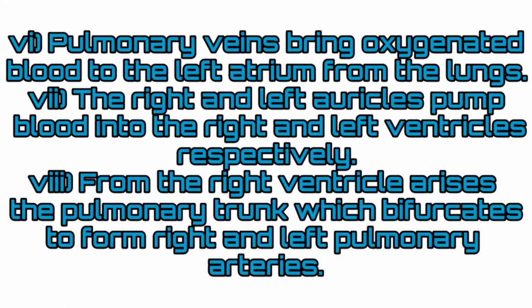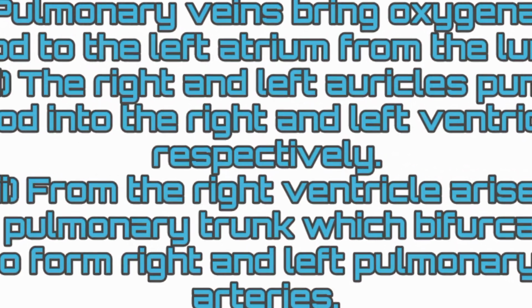Pulmonary veins bring oxygenated blood to the left atrium from the lungs. The right and left auricles pump blood into the right and left ventricles respectively. From the right ventricle arises the pulmonary trunk, which bifurcates to form right and left pulmonary arteries.